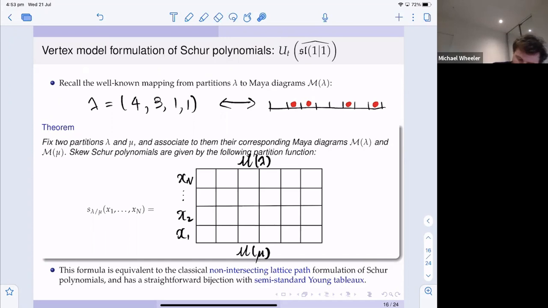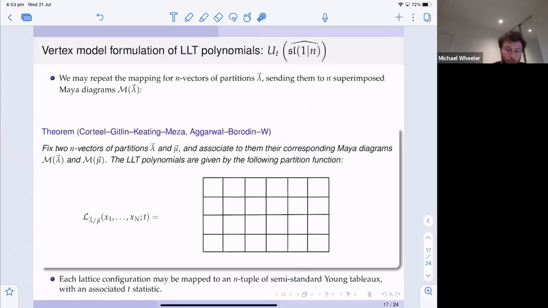Okay, so what we do now is we take that formula and perform the higher rank extension of it. So I'm going to have not just a single partition, but a vector of partitions. Lambda is going to be equal to lambda 1 up to lambda n.